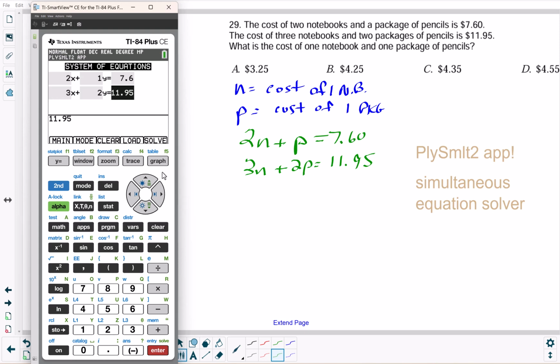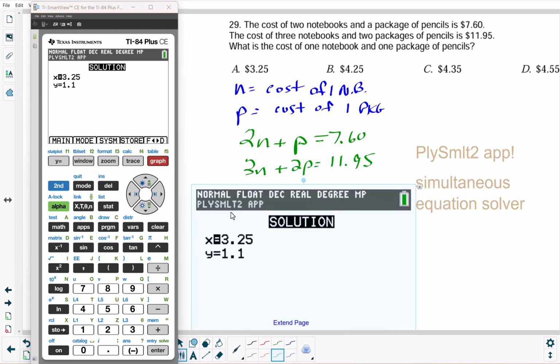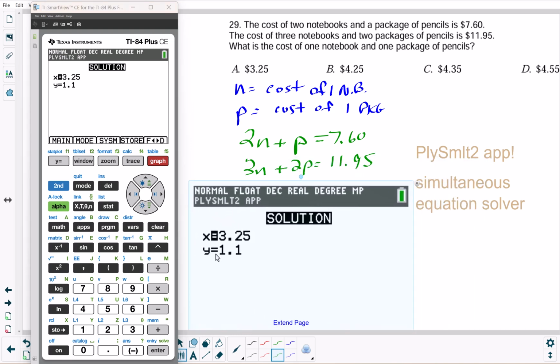To solve that, I'll press the graph button, and this is my solutions. So when I add those up, I'm going to get 4.35, which is the answer C.